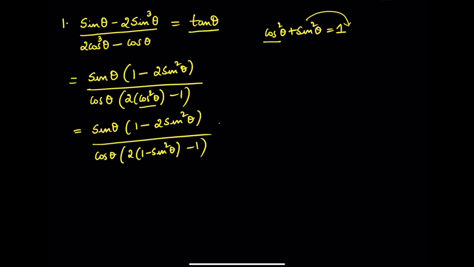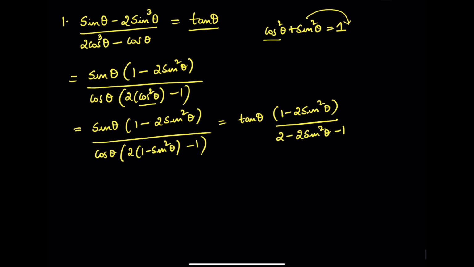Now let's simplify the denominator. We will have sin θ by cos θ, which we can write as tan θ. And this will be (1 − 2 sin² θ) divided by (2 − 2 sin² θ − 1).